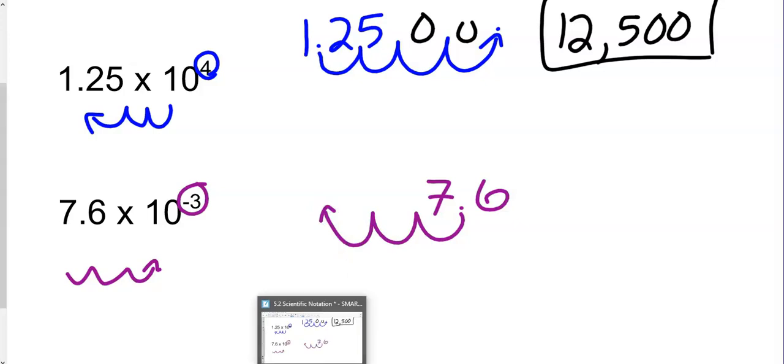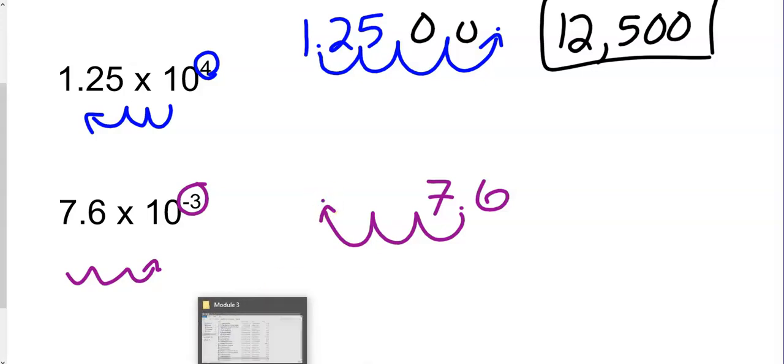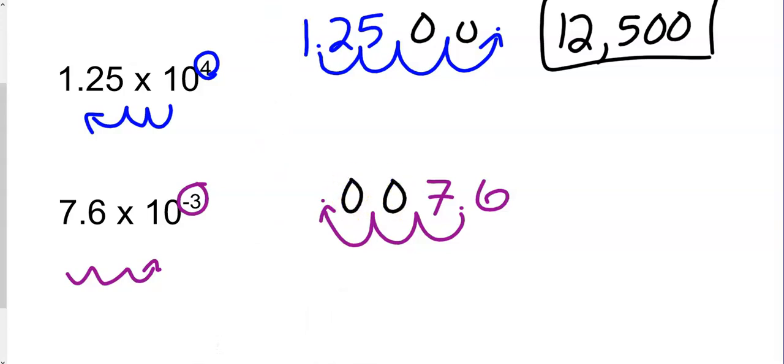Remember, with a negative exponent, that means you're creating a smaller number. It should be a decimal number. So here's where my decimal point is now. Again, with all those extra hoops, we just tack in the zeros. So what is the real number for 7.6 times 10 to the negative 3? 0.0076.